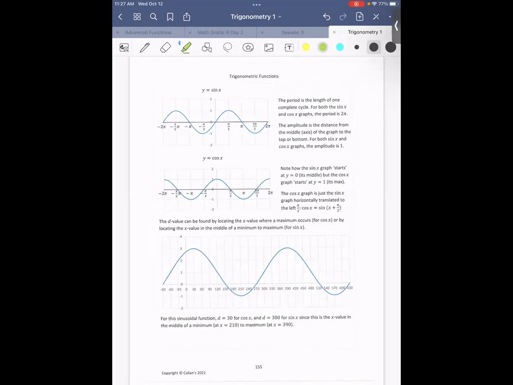So sine and cosine are periodic with period 2 pi. Sine of x plus 2 pi is equal to sine of x, and the same for cosine: cosine of x plus 2 pi is equal to cosine of x. The principal period is just 2 pi.